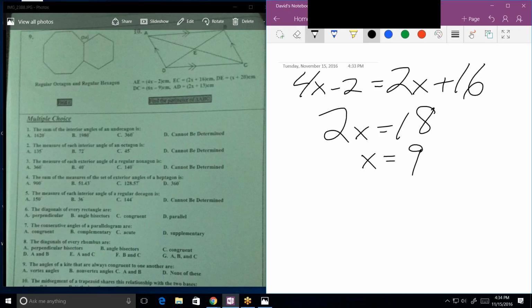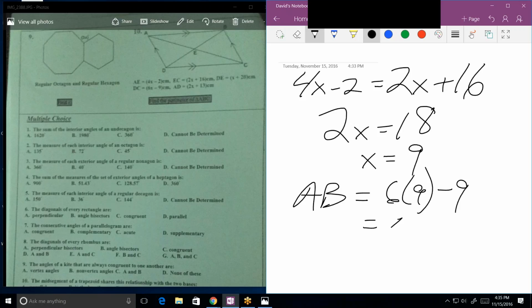Okay. So 2 times... Hold on. DC is not congruent to AD. It's congruent to AB. Okay, that's probably what you said. Yeah, I said DC. Okay. So AB is the same as DC. X is 9. So AB equals 6 times 9 minus 9, right?